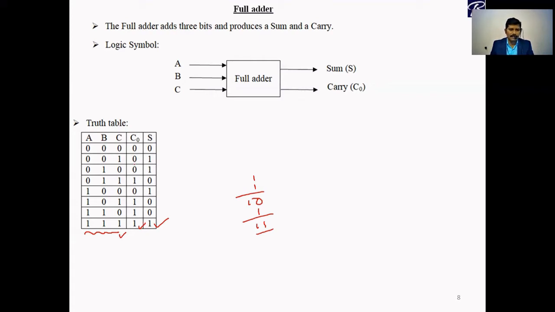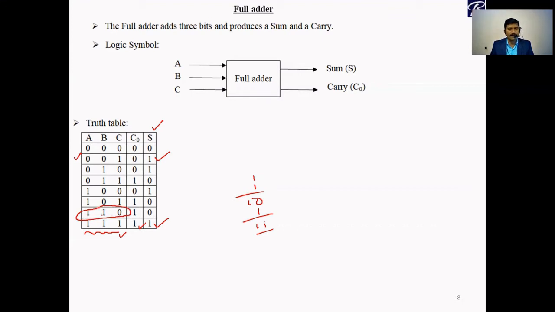One more way you can remember this one. In the given inputs, if an odd number of ones are there, then it produces sum 1. Observe in this case 0 0 1, the number of ones is odd, only 1. So that's why it is 1. In this other case, how many ones?